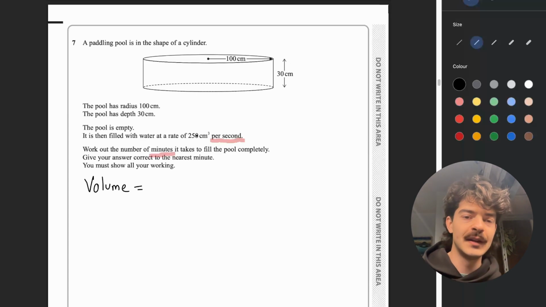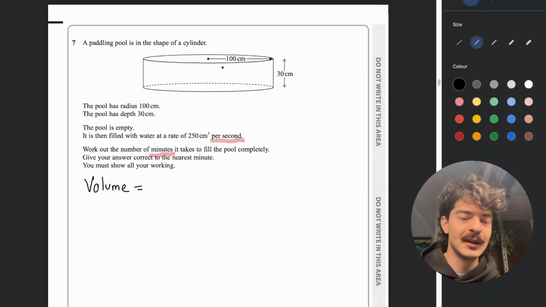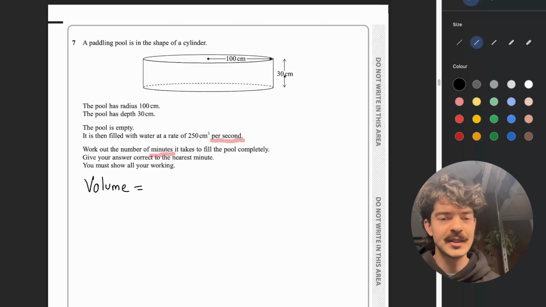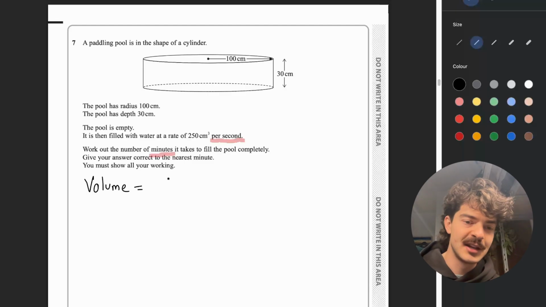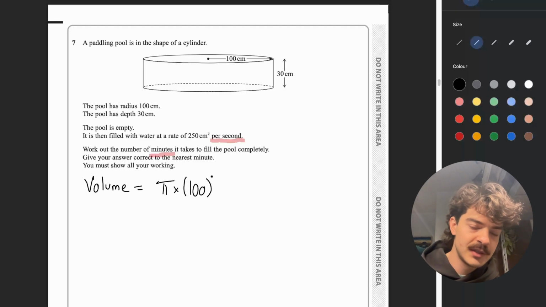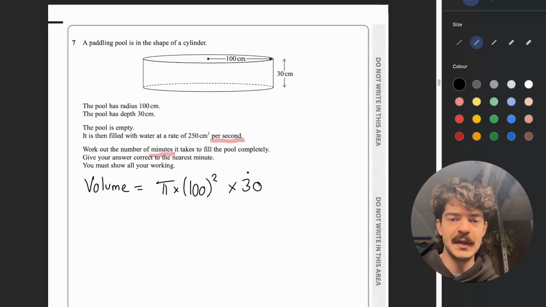The volume of a cylinder is the area of the two-dimensional shape at the top and bottom multiplied by the vertical height. This is true of all prisms. So we've got a circle at the top, so that's going to be pi times the radius 100 squared, multiplied by the vertical height 30. Cool. So this is our area, pi r squared, and the vertical height is 30.